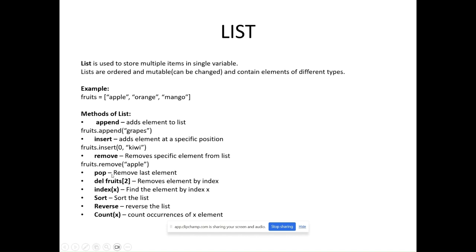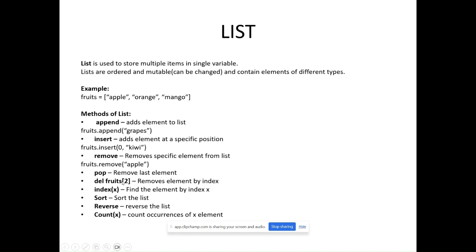The pop method will remove the item from the last position of the list. Okay. And if you don't know the item name, but you know the index, then the delete method is used to delete the item from the list using the index.